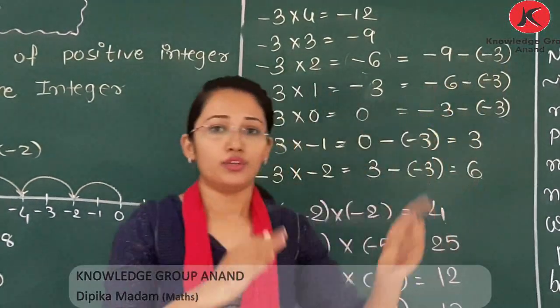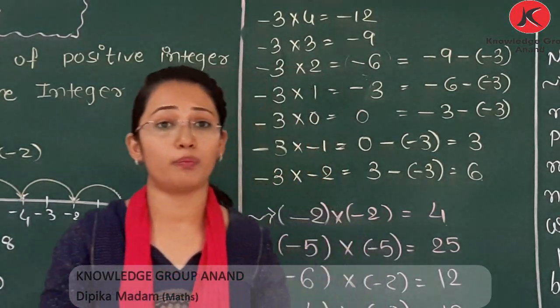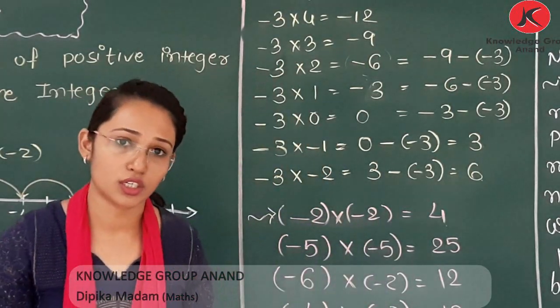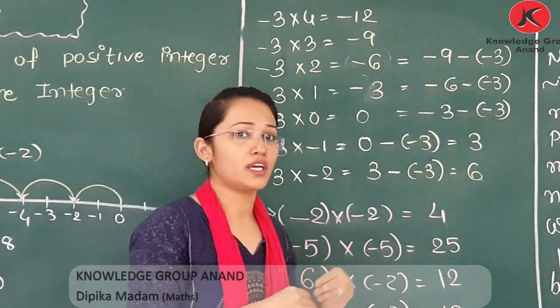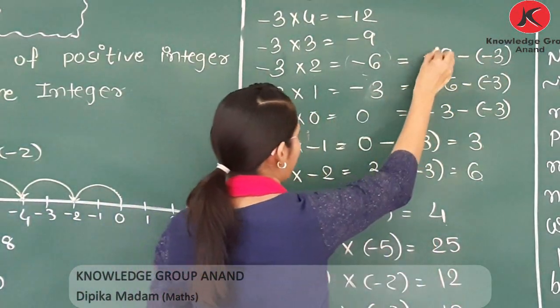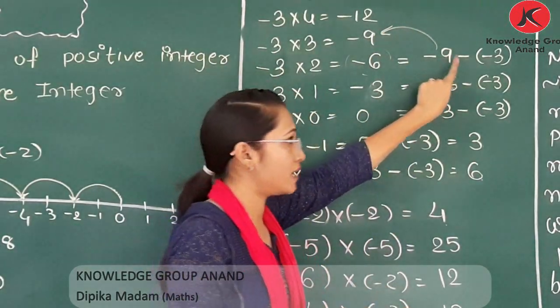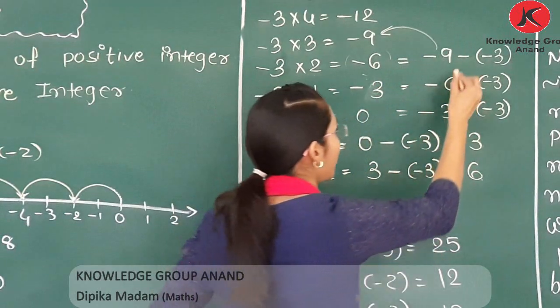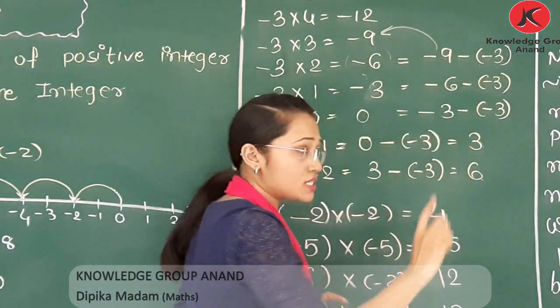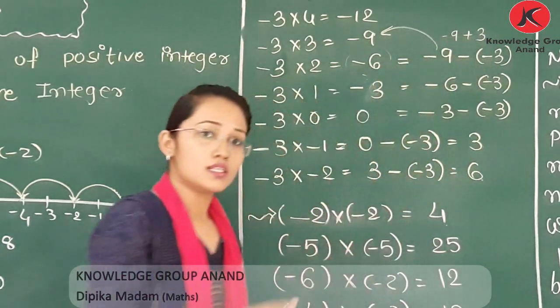For simple numbers, 3 ones are 3, so we were adding 3. For integers, we need to subtract the negative integer. Okay, in multiplication of integers, what do we do? Subtract the negative integer. So if we subtract the negative integer from the previous one, that is -9, we get -6, because minus minus is plus, so it is -9 plus 3, that is -6.